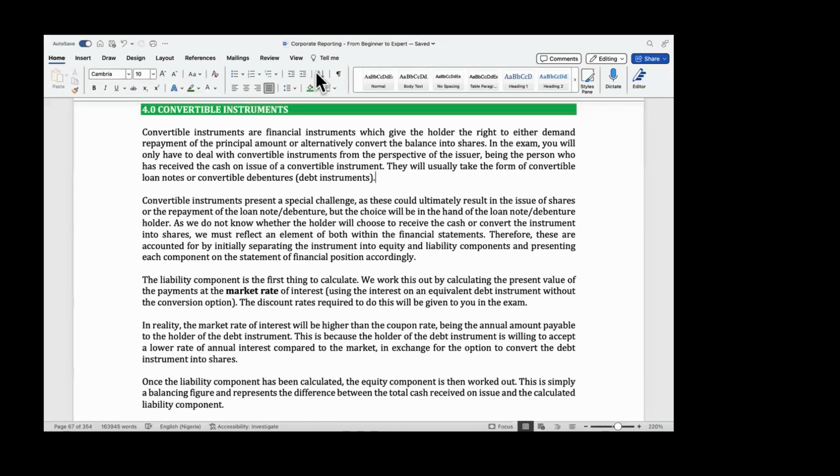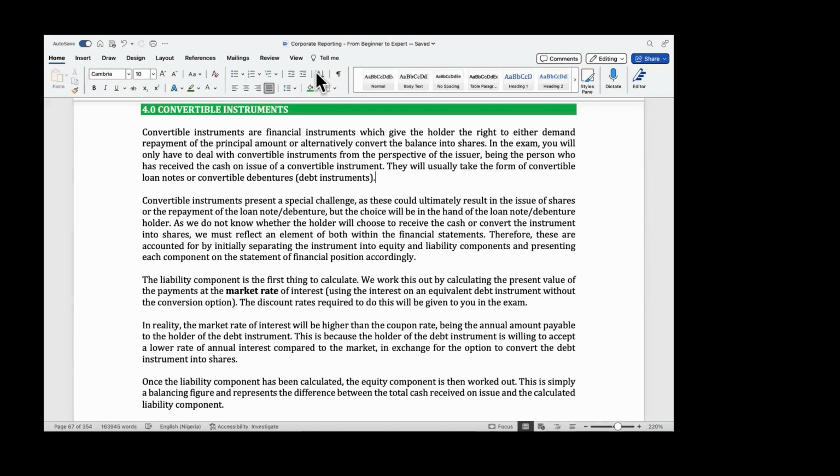It is a residual interest, usually the balance. So in separating this money I have borrowed, all I need to do is to determine my liability first. When I determine my liability, then the balance becomes my equity.